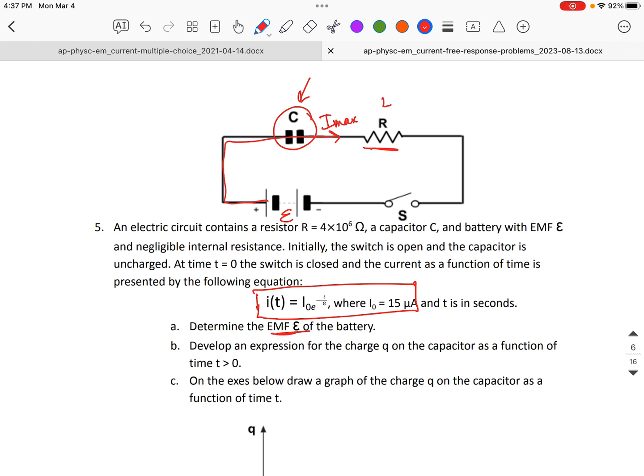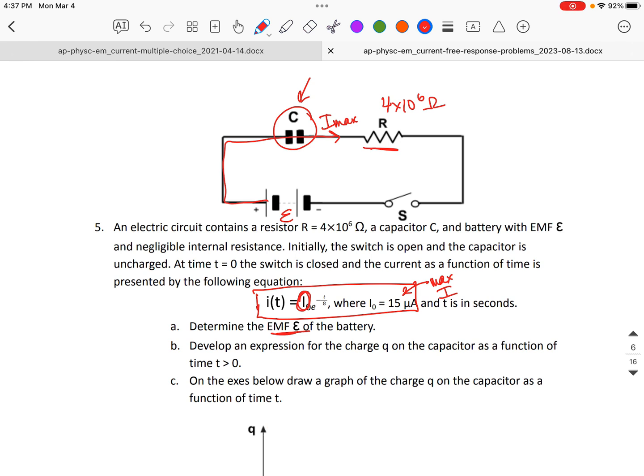The resistor is 4 times 10 to the 6 ohms, and we have a maximum current, which is always the constant that is in front of our current versus time equation. So in that scenario, the maximum current is going to be 15 microamps.